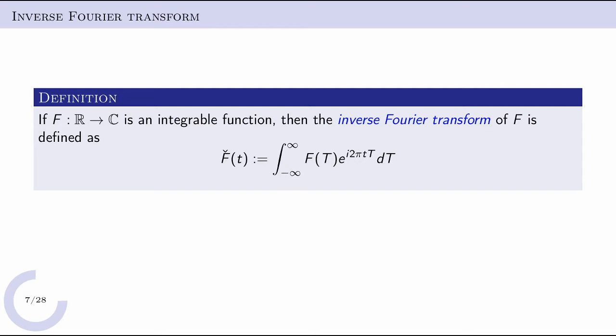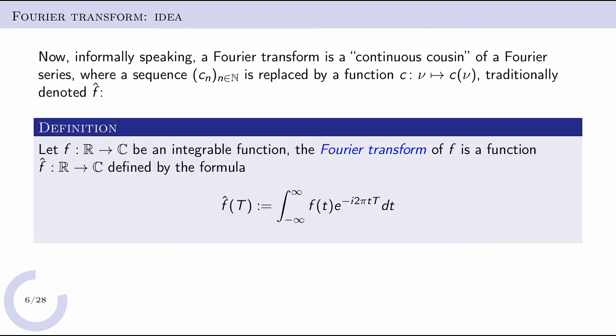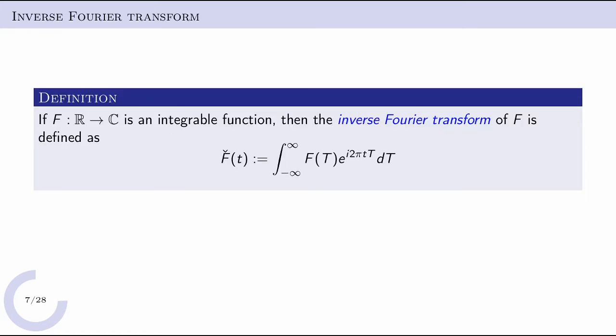The formal definition of the inverse Fourier transform differs from the definition of the Fourier transform only in the sign of the exponent. The only difference is that in the Fourier transform, in the exponent we have minus i times 2 pi t, and in the inverse transform we have plus i times 2 pi times t times T. It's the only distinction between these two notions.